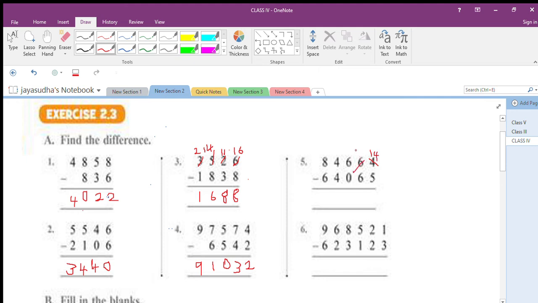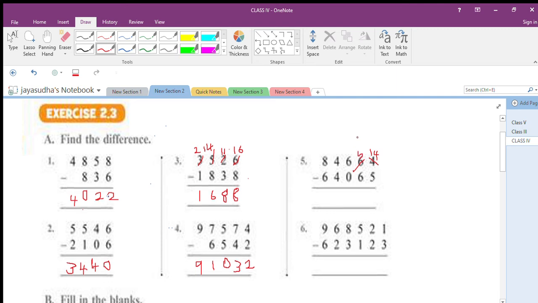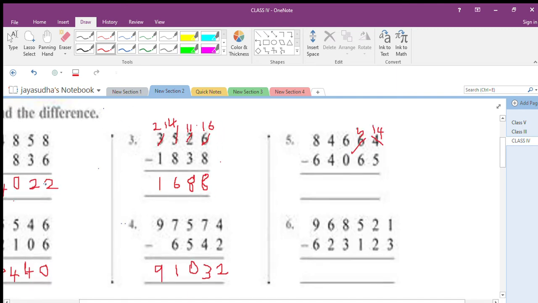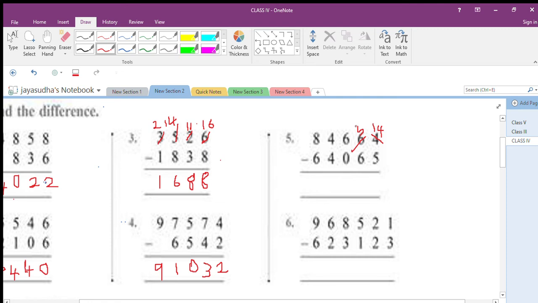This 6 will become 5. Okay, this 14 minus 5. Tell the before counting, children. 14 minus 5, you get 9.